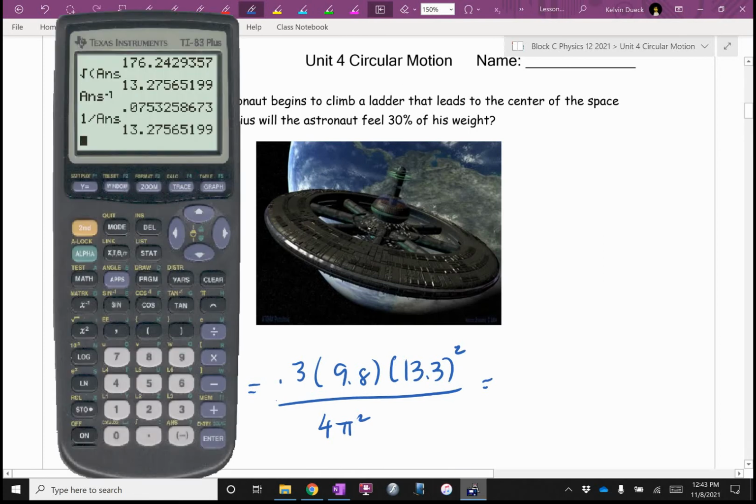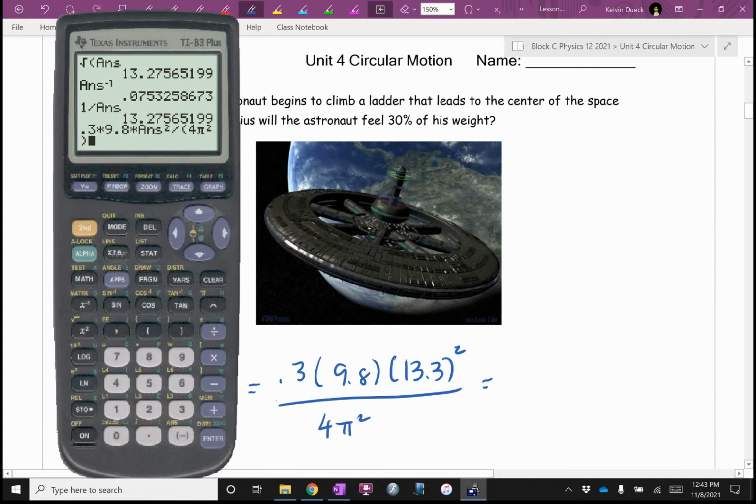Trust me. And I get, worked out actually to a non-repeating decimal, exactly 13.125 if I used my answer button. So 13.1.